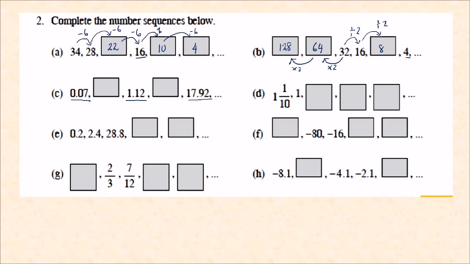If you look at the numbers in the sequence, actually the difference is quite big. So the most possible pattern is multiply. But you need to identify multiply by what number.